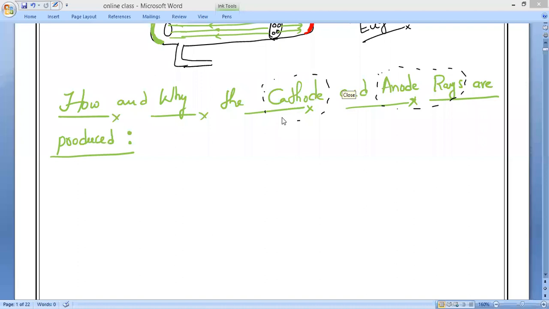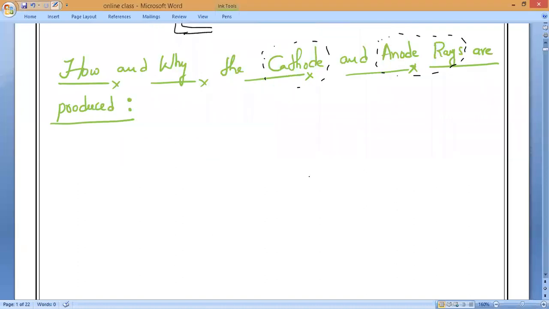Now, let us observe what happens when a gas is taken in a discharge tube. Let me take a normal discharge tube, without any cathode or anode.